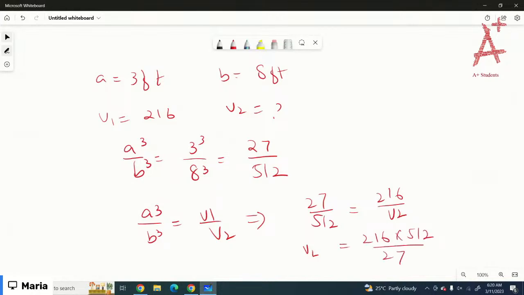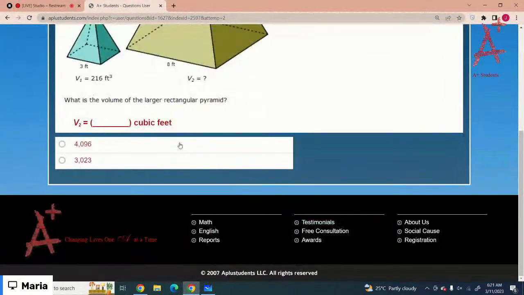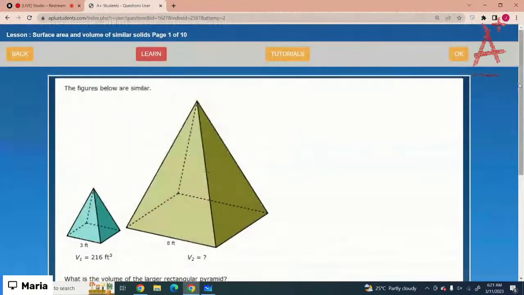Let's just multiply them. Okay, 216 times 512 divided by 27 is 4096. So the correct option is 4096. So just select the correct option and click on the OK button.